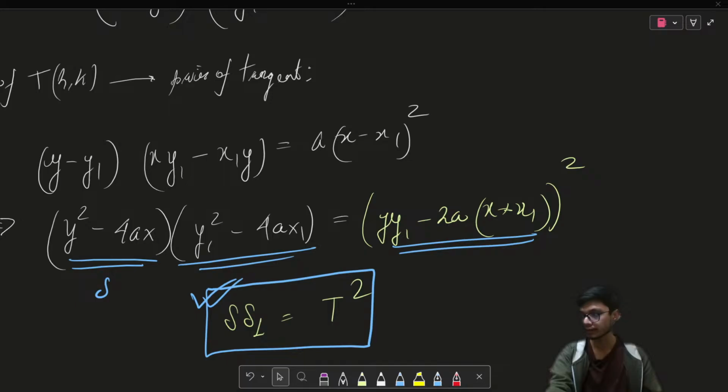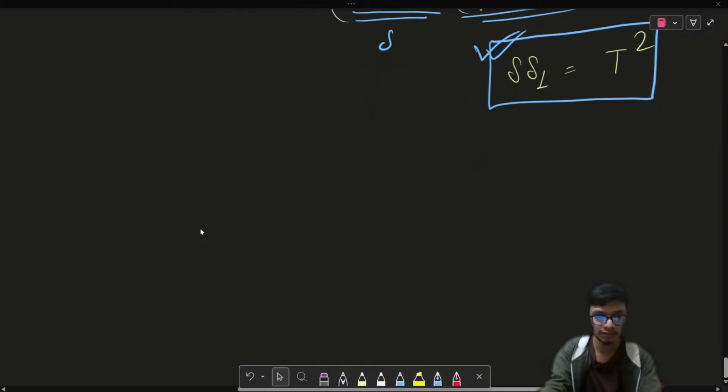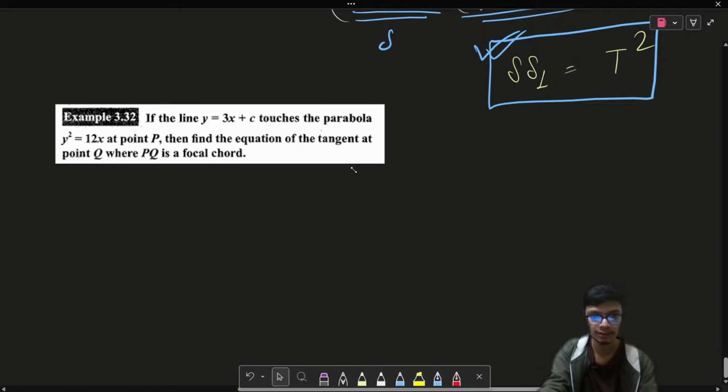So let us start to discuss some problems. Okay. So let us solve some problems to understand whatever we have studied. So here we go with our first problem on tangents. Okay. So this is my first question.